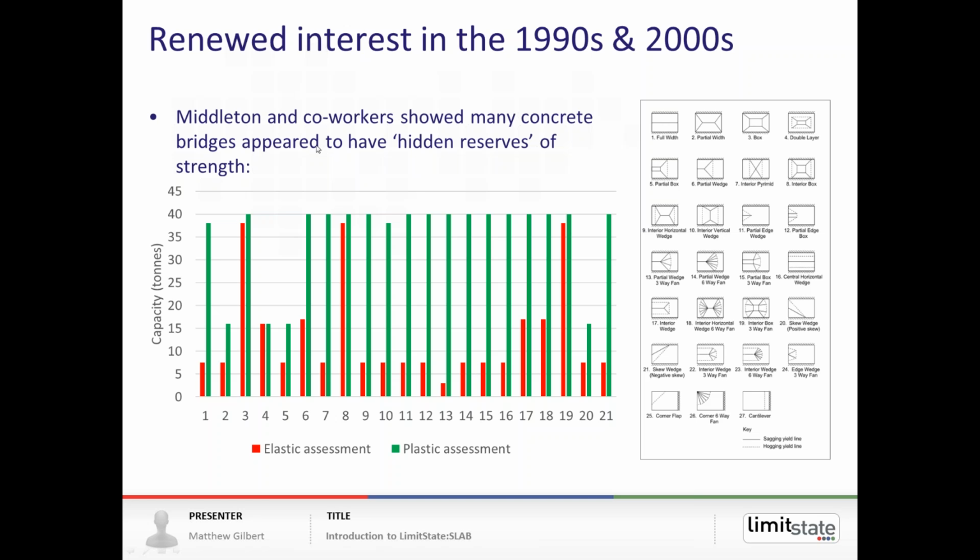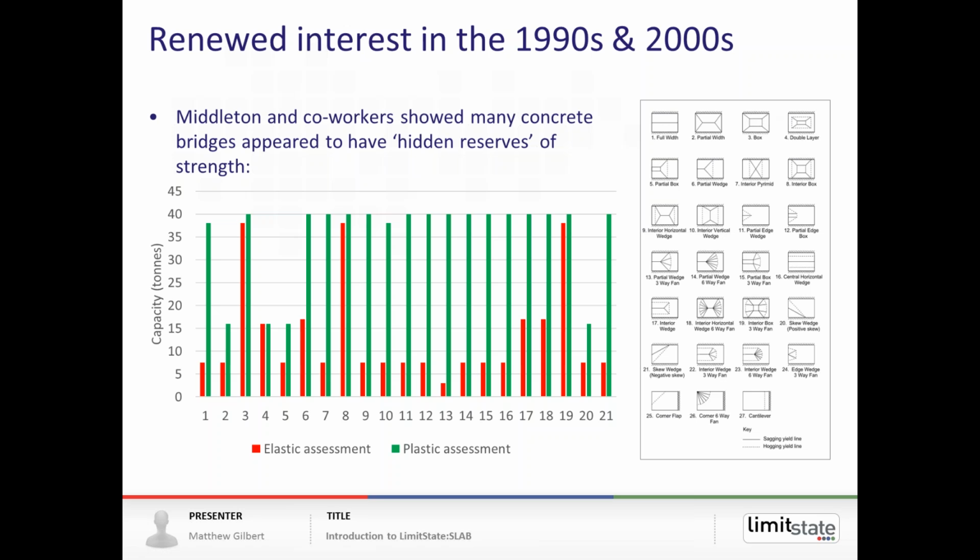However, at the time, Middleton used a lookup table, effectively, of possible failure mechanisms, and implicitly, the assumption is that the critical failure mechanism for these bridges is one of these 27 mechanisms shown on the right.